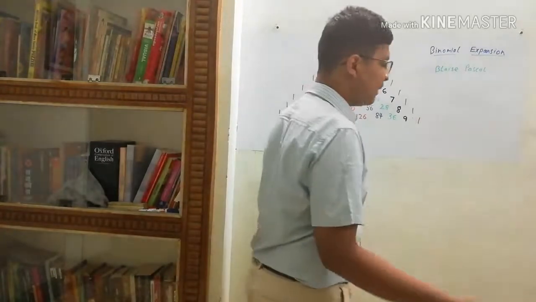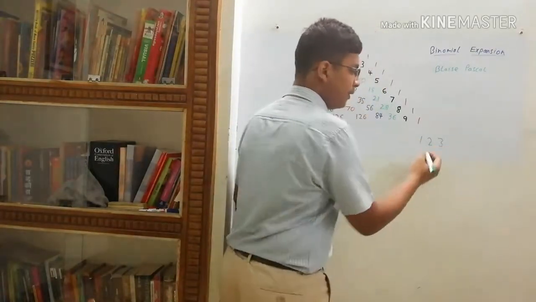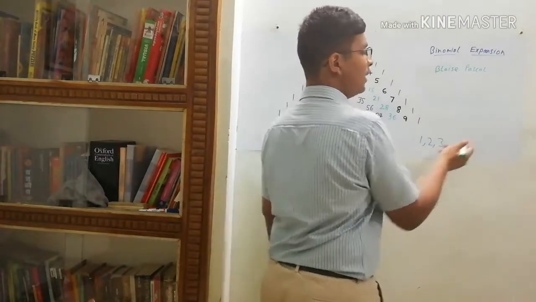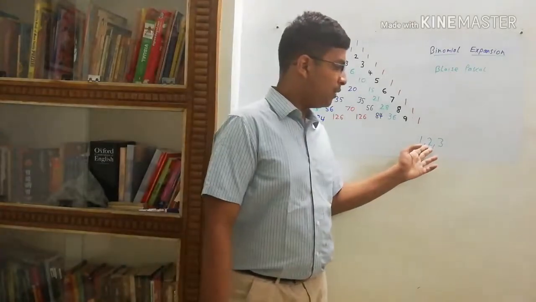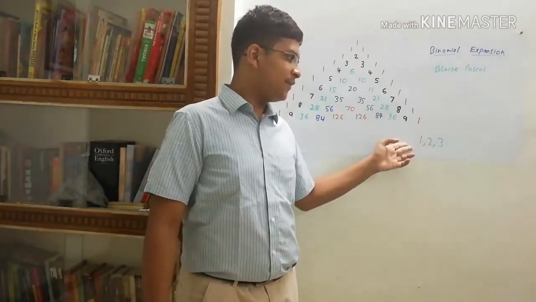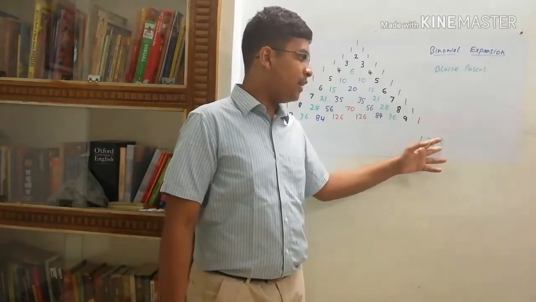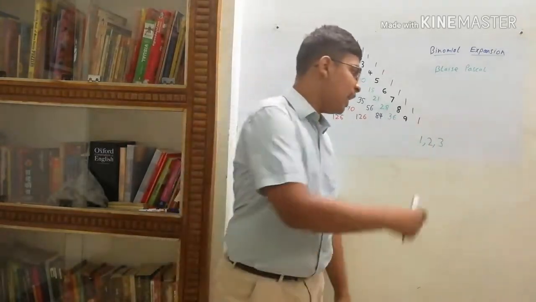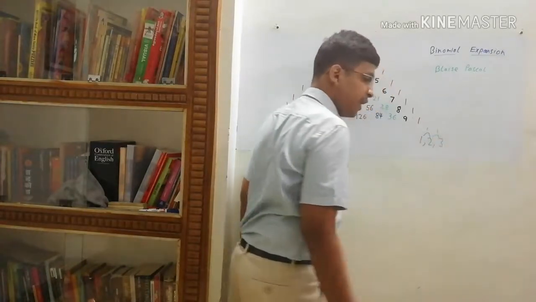For example, let's take the easiest sequence, which is 1, 2, 3, and it can go on. I am taking 3 numbers for the sake of simplicity. 2 minus 1 is 1, 1 plus 2 is 3, 3 minus 2 is 1. So they have a difference of 1, something in common.